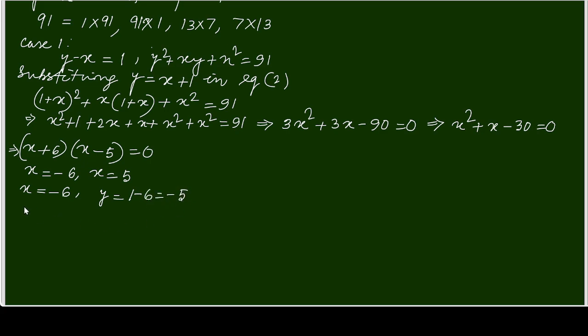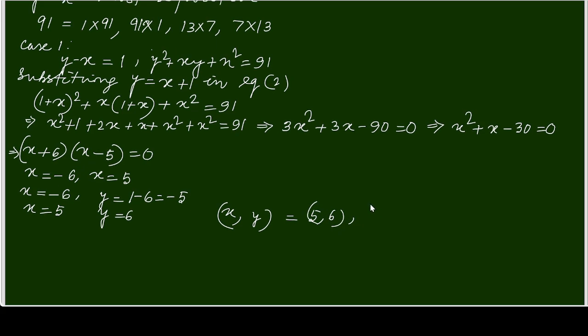Similarly, when x equals 5, y will be 6. So we are getting two pairs, (x, y) equals (5, 6) and (negative 6, negative 5).